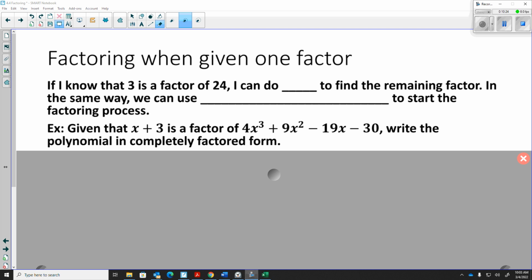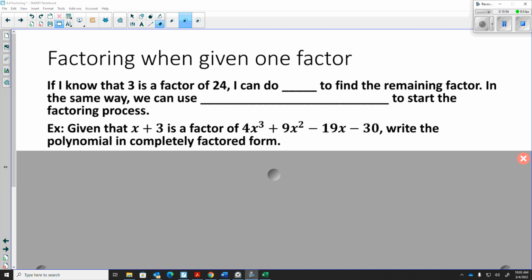All right, so last thing I need to show you. Sometimes you're going to be given a problem where you have a factor and you're asked to factor the rest of this thing. So I'll walk you through how to do it. If I know that 3 is a factor of 24, how do you find the matching factor? 3 and what to get 24? 8.